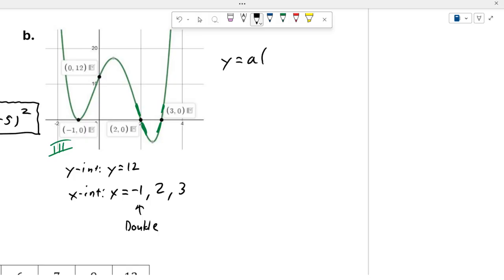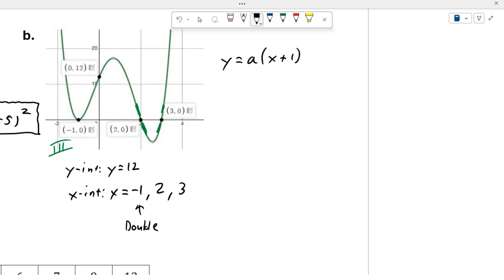So I have x minus my first x-intercept, which is -1. So I'm going to subtract a -1. And when you subtract a -1, it becomes just +1, close parentheses. Now I said that -1 is this double root because it bounces like that off of the x-axis.